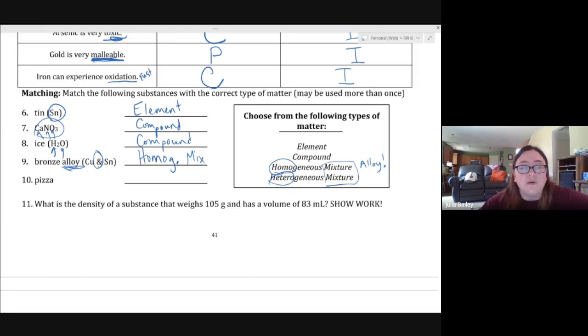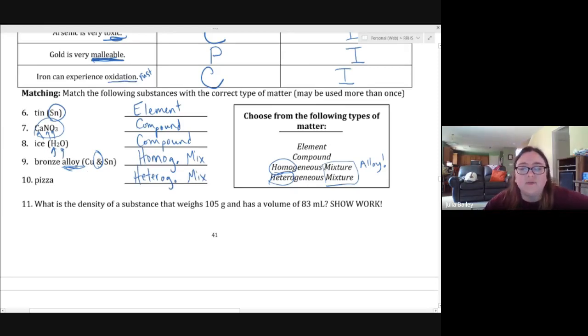Does every part of a piece look the same? No. A slice has visible differences. It's got crust, sauce, cheese, toppings. It looks different. So pizza is a heterogeneous mixture.